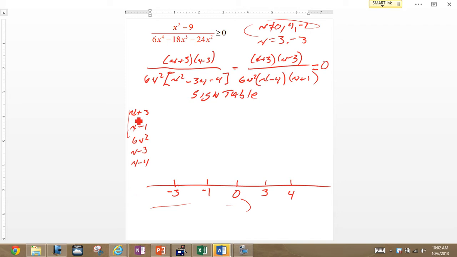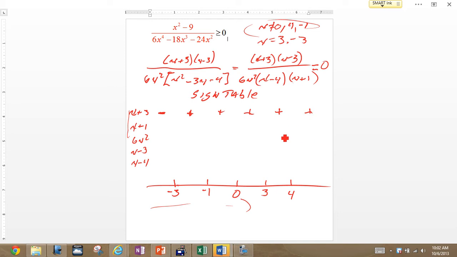We know that the factor x plus 3 equals 0 at negative 3. So when you have values less than negative 3, negative 5, mind you, or anything, this region is going to be negative. It transitions from negative to 0 and will be positive in all other regions. And you can easily verify that.